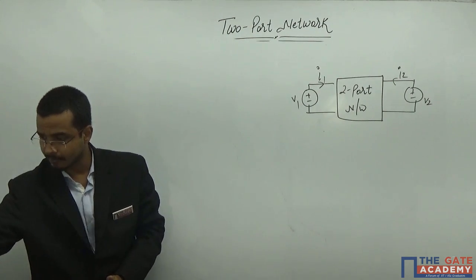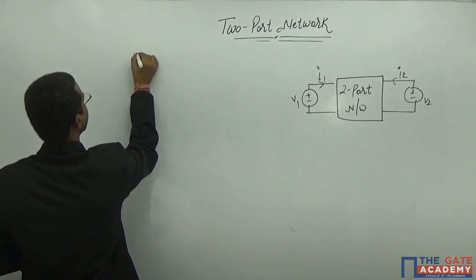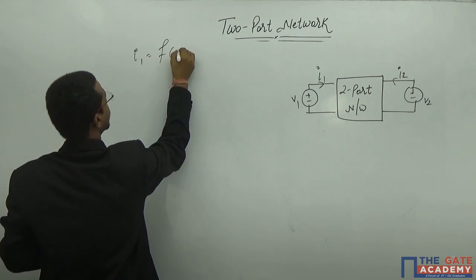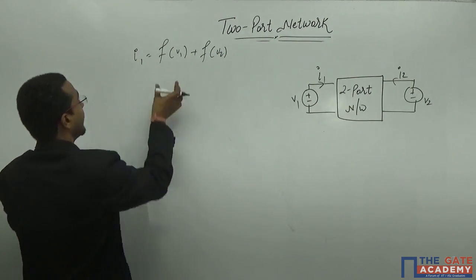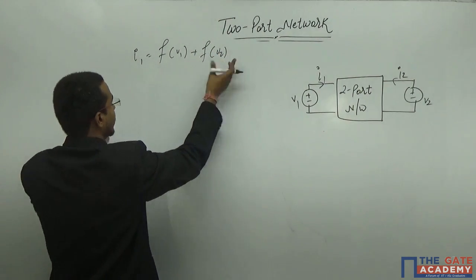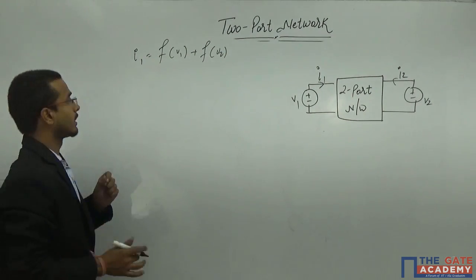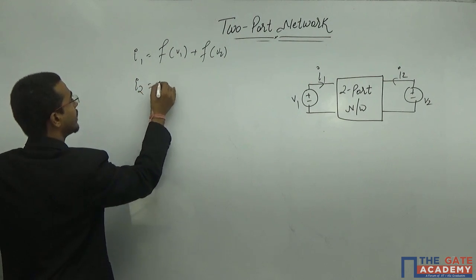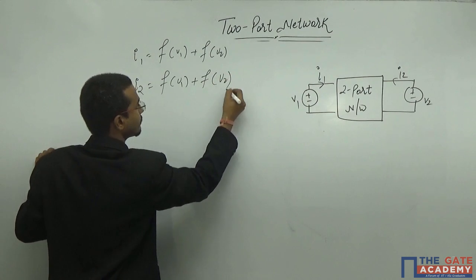That means I will try to measure this current I1 as a function of V1 plus the function of V2. This is homogeneity, and after addition this is superposition, additivity. And similarly this I2 will be a function of V1 plus the function of V2.